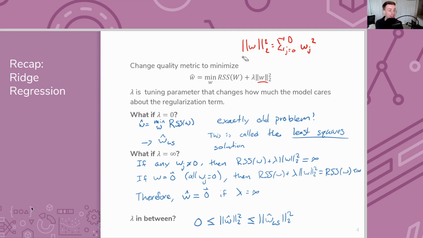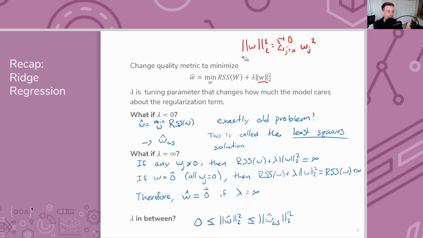We sometimes call this the least squares solution, or ordinary least squares. And so if you set lambda to be 0, you're saying, I don't want to penalize coefficients at all. This just reduces to the problem we had last week of just trying to fit a linear model.